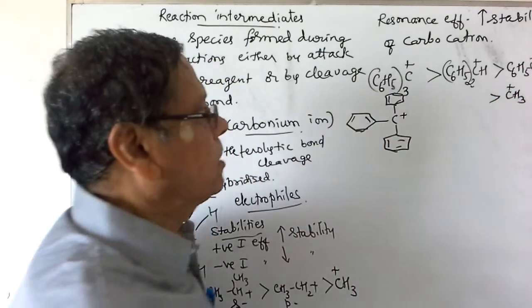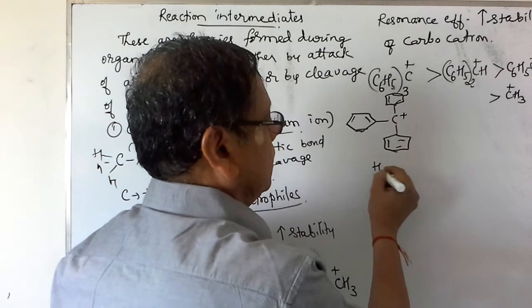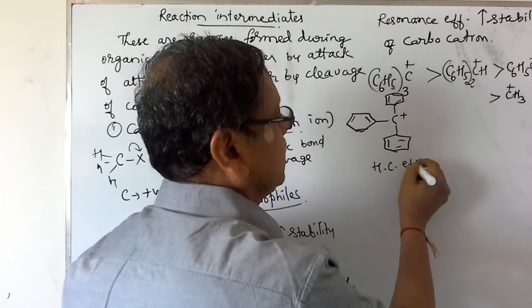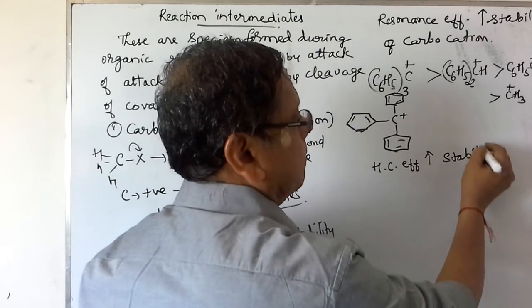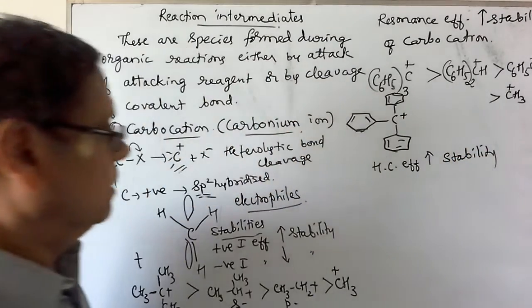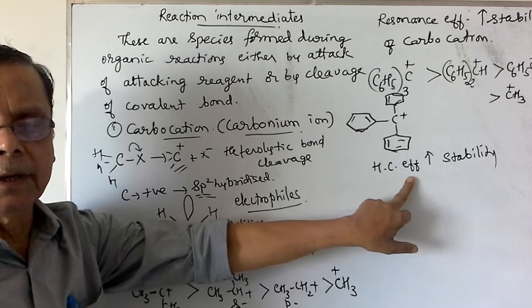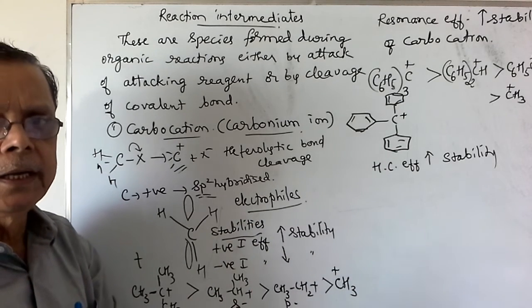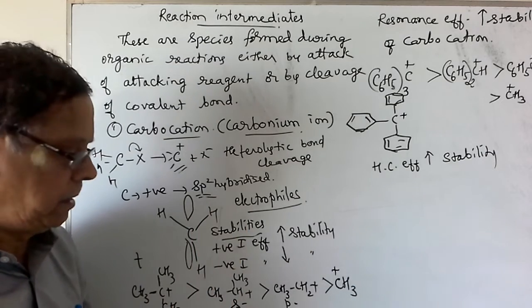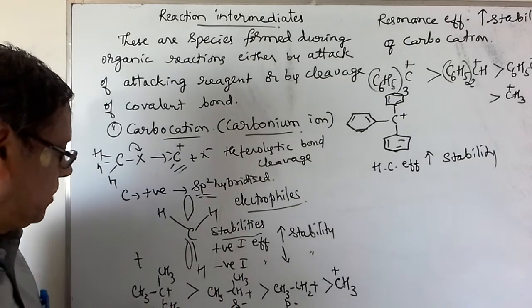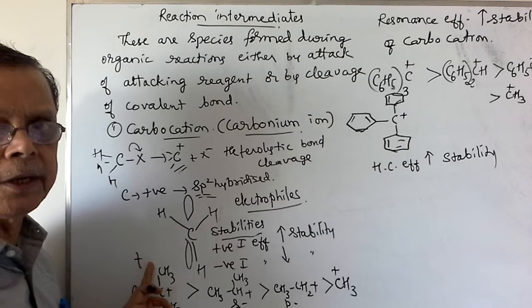And if hyperconjugation is also there, the hyperconjugation effect also increases the stability of the carbocation. The hyperconjugative effect will be due to the presence of a hydrogen atom on the alpha carbon atom. For example, here alpha carbon atom, here alpha carbon atom, here alpha carbon atom.